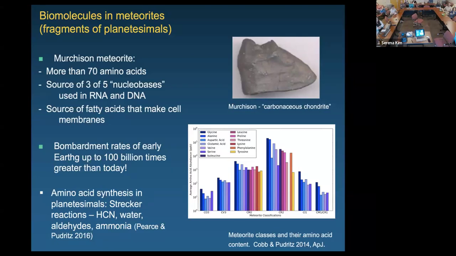So the chemical process within planetesimals: you can have radiogenic heating of these bodies up to temperatures of a few hundred degrees centigrade. This is perfect for the Strecker reactions for synthesizing amino acids, in which you take hydrogen cyanide, water, and an aldehyde, say formaldehyde, cook them, and you get glycine.